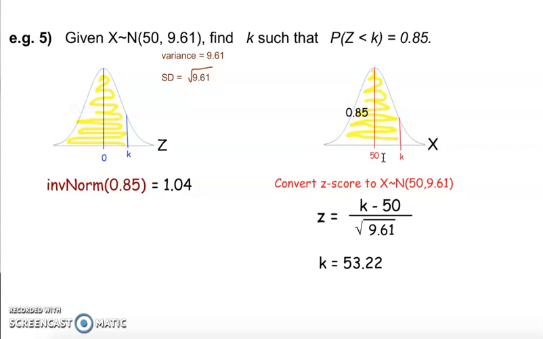Also, one thing to note, when you type in the square root, make sure you close the ending brackets after you type in 9.61, okay? Otherwise, the syntax will be incorrect, all right? You should get the same result though.